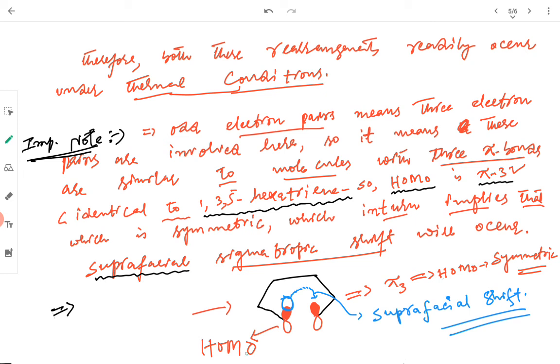So it's the HOMO, it's symmetric. You can see the same sign of the lobes at the ends of the molecule. So if they have to shift the group from one orbital to another orbital, it will surely involve a suprafacial shift. So this is how you can solve this problem.